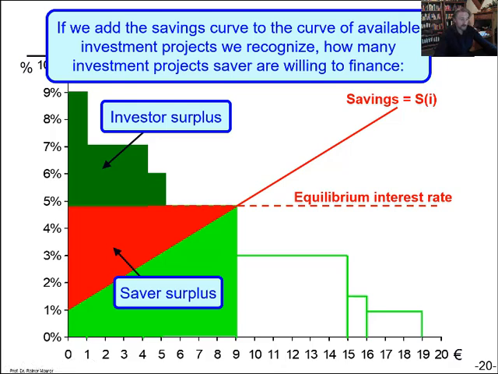Consequently, investors as well as savers keep a net surplus from their cooperation over the market. An exchange of savings and the resulting equilibrium interest rate is therefore usually beneficial.